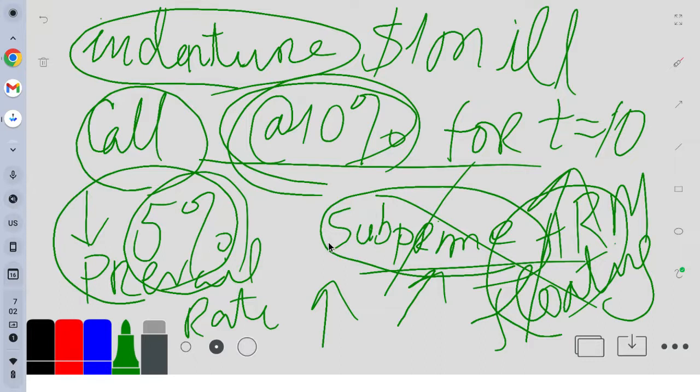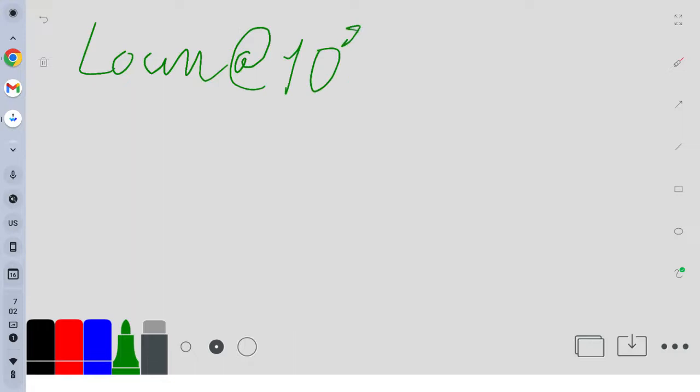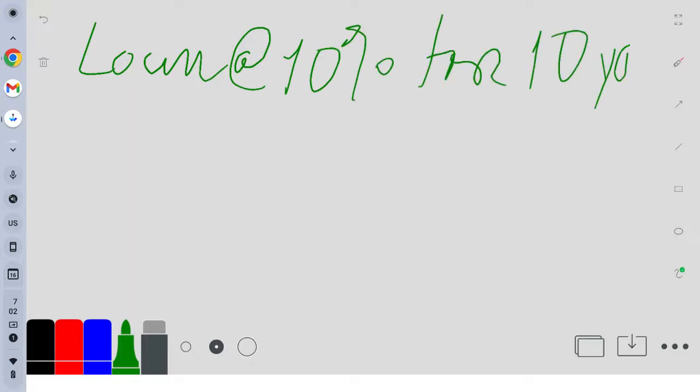Okay, now that took us off the course for quite a while. It was a digression, but the point is, although there is adjustable rate, most of the time, if you get a loan at 10% for 10 years, this is locked.